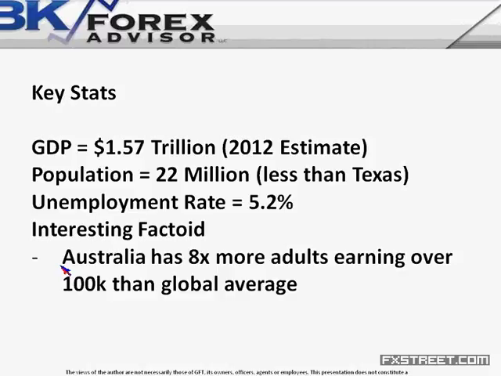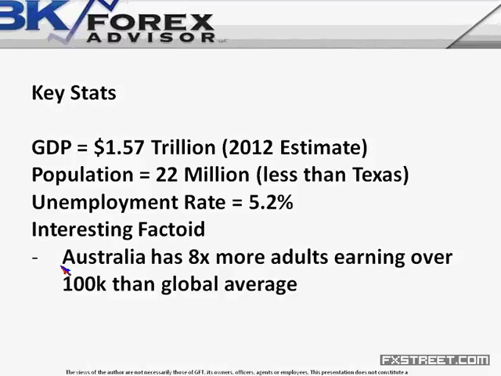Population-wise, there's about 22 million people that live in Australia, which is less people than the population in Texas. So Texas has a larger population than Australia. Yet the unemployment rate in Australia is quite low, 5.2%, and the GDP per capita is pretty high.